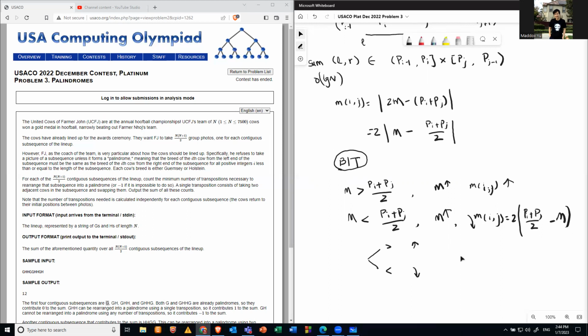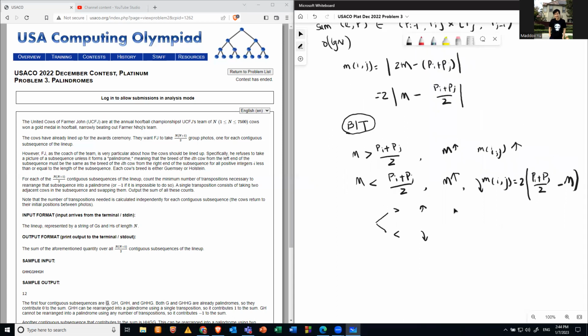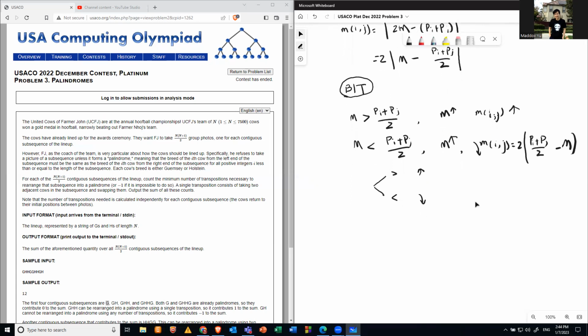So using BIT is a standard trick to do this sum over absolute value. Then this update can be done in log n, since you sum up over a binary tree.